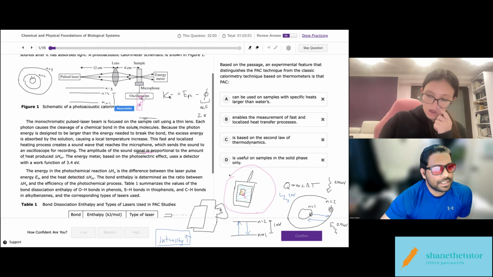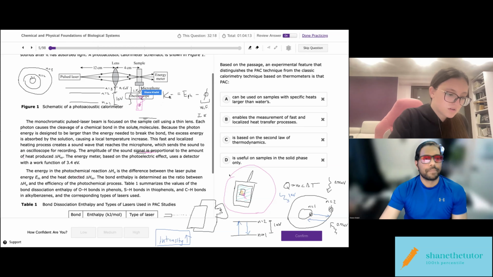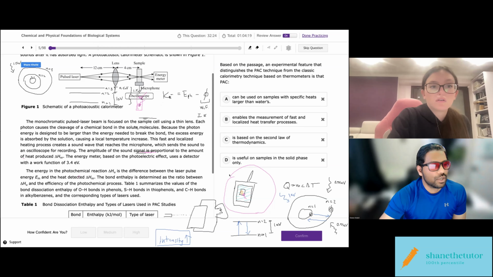And let's say the energy between n is equal to 2 and n is equal to 1 is 1 electron volt. But between n is equal to 2 and n is equal to 3, let's say it's 0.5 electron volts. So the entire thing from n is equal to 1 to n is equal to 3 will be 1.5 electron volts. So let's say that we shoot a photon with 1.5 electron volts.